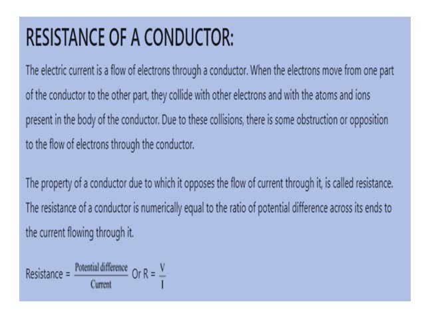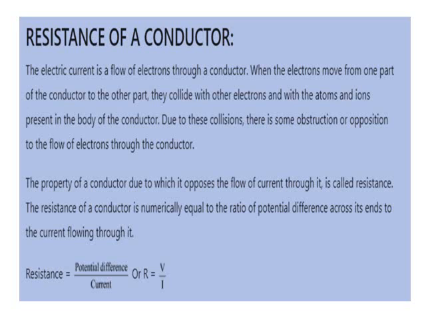When the electrons move from one part of the conductor to the other part, they collide with each other and with the atoms and the ions present in the body of the conductor. Due to these collisions, there is some obstruction or opposition in the flow of electrons through the conductor.